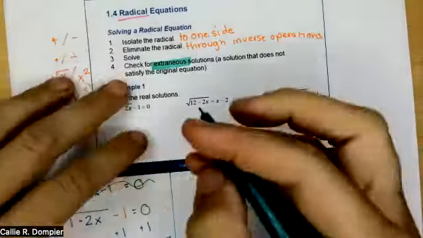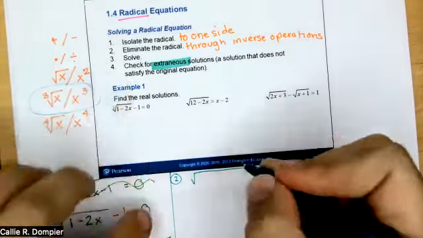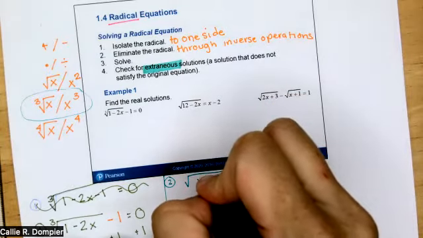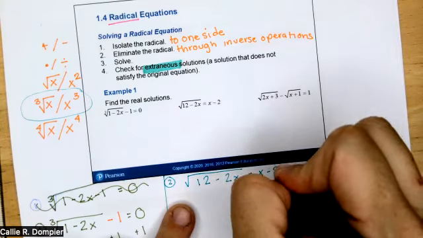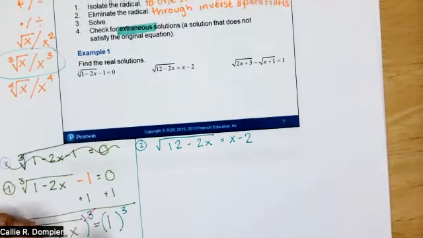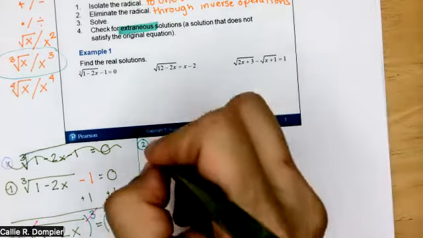Second example, we just have the square root, so we would cancel that with a square. The square root of 12 minus 2x is x minus 2. All right. So we have isolated the radical to one side of the equation. Now we need to eliminate the radical.